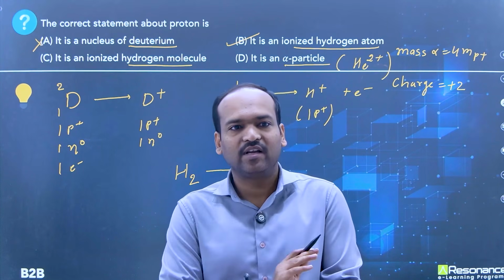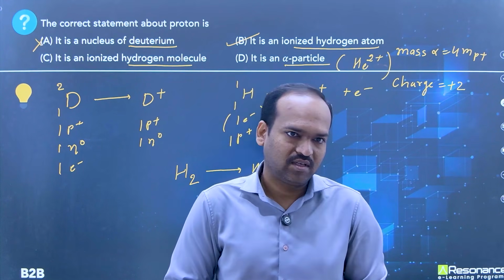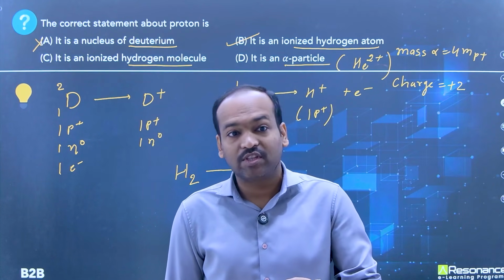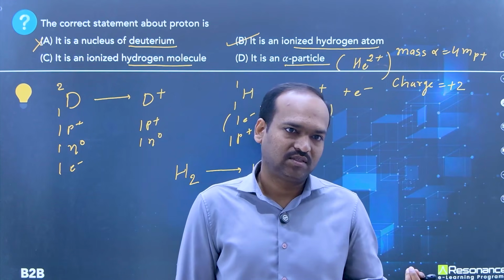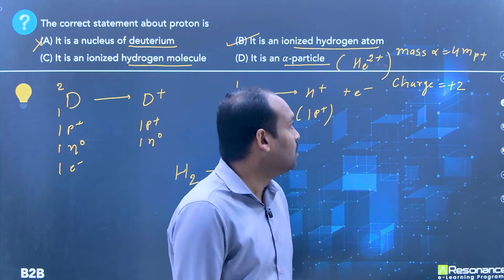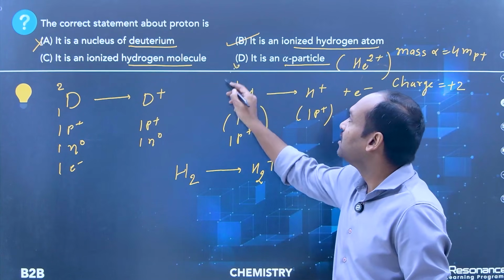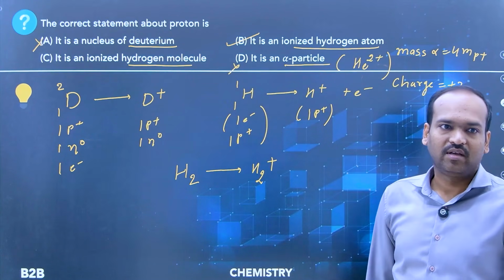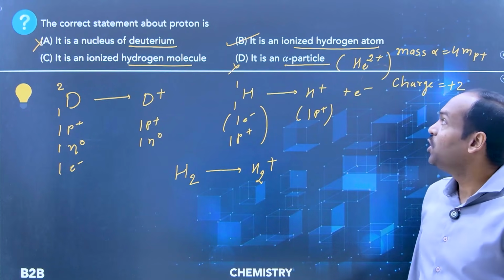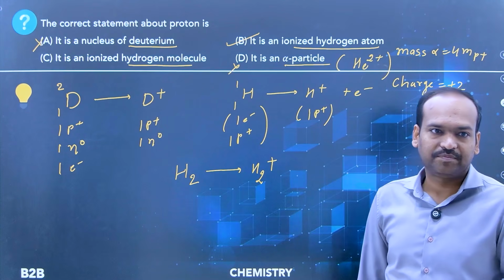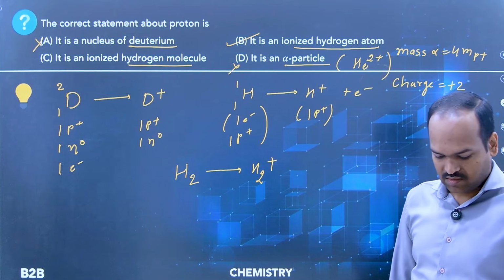So alpha particle is not a proton. Alpha particle means helium nucleus, or helium atom with 2 electrons removed. Okay, can I go further? This is clear now, beta. What is the correct option? The correct answer is B option. It is an ionized hydrogen atom. Okay, next.